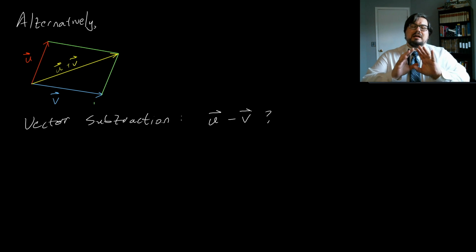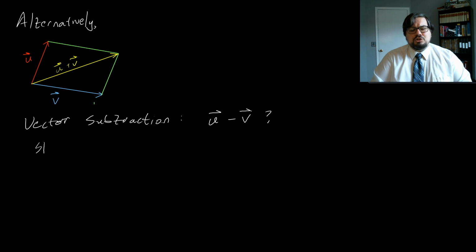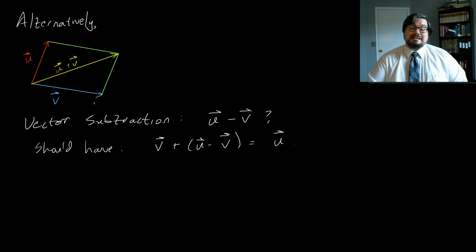Well, if the algebra of vectors works in the way that we expect it to, we should have that the vector v plus the vector u minus v equals the vector u. As I said, if vector subtraction works logically and consistently with other algebraic operations that we have.